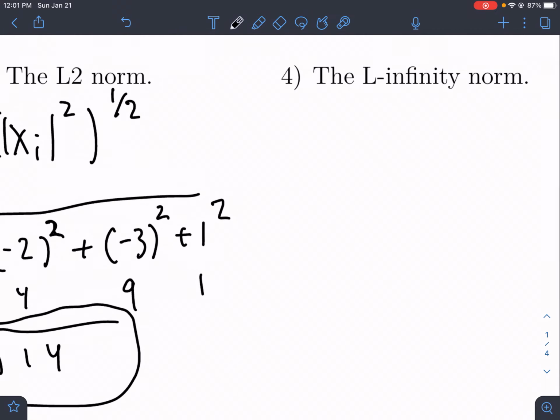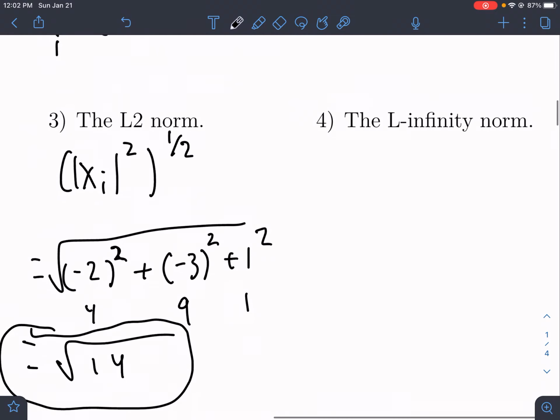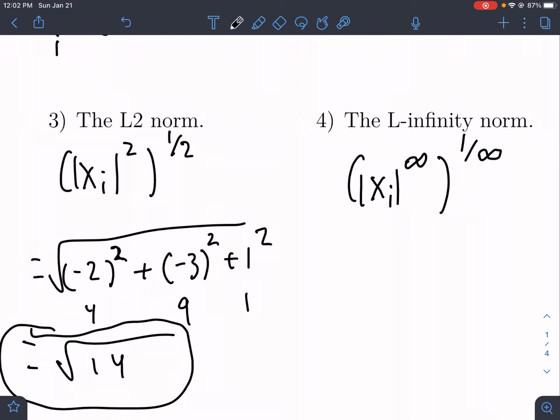The L infinity norm. Well, when we think about it, if p goes to infinity, then we have x sub i to the infinity, to the 1 divided by infinity. What this essentially means is that as the terms get larger and larger, the distance between them, let's say x equals 2 and x equals 3, is going to get larger and larger.